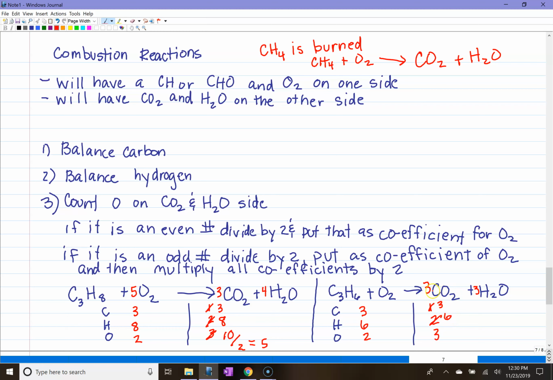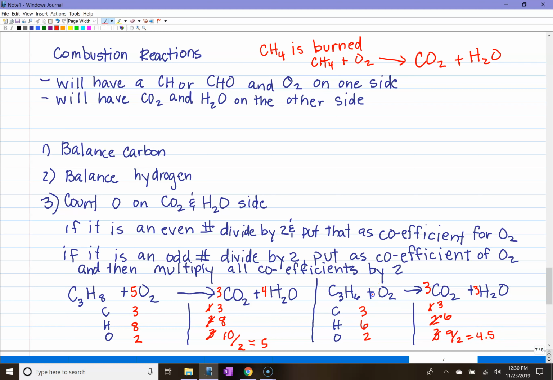Now I'm going to count up my oxygen on the carbon dioxide and water side. 3 times 2 is 6, plus 3 times 1 is 3, and that's going to give me 9. Now, my answer here is not an even number, so I'm going to divide by 2, and that would give me 4.5.